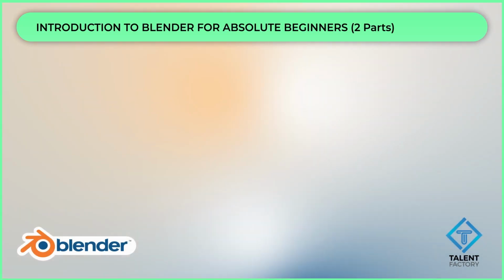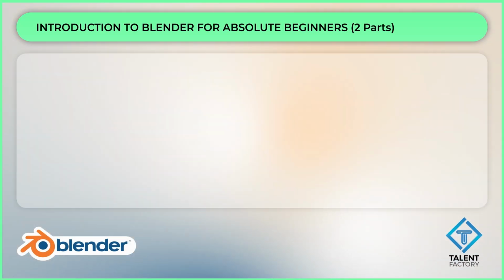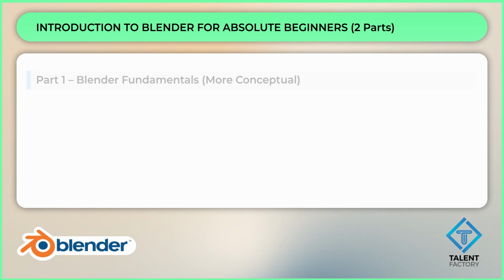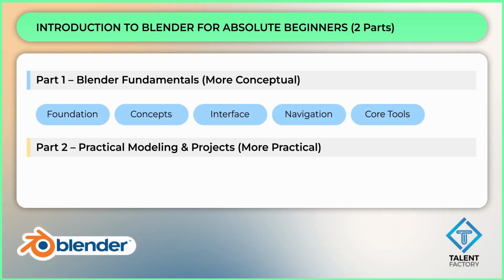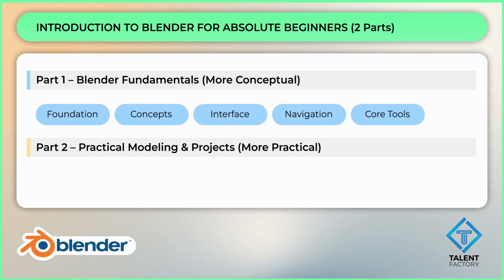Throughout this course, I'll guide you through Blender in a structured and easy to follow way. Before we begin, let's take a look at how the course is organized. The course is divided into two main parts. Part 1 focuses on Blender fundamentals. Here we'll learn the core concepts, understand the user interface, explore the 3D viewport, master the navigation, and become comfortable with Blender essential tools.